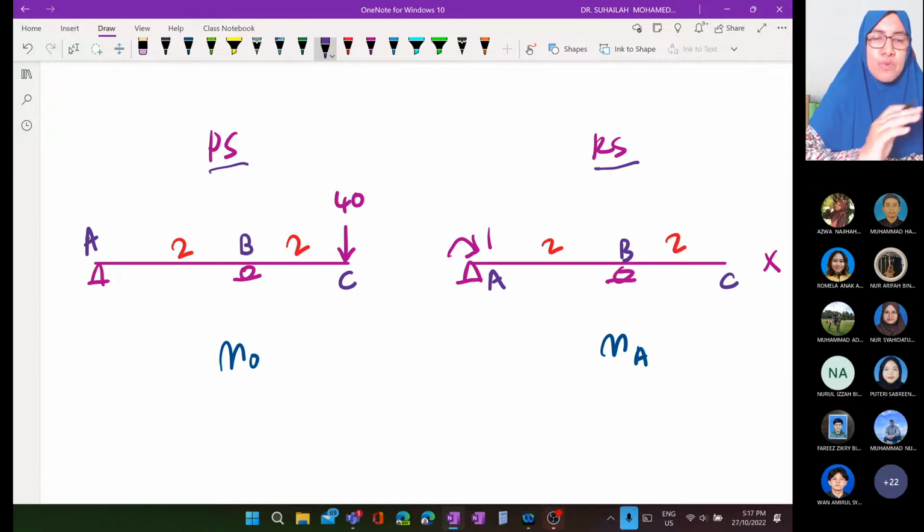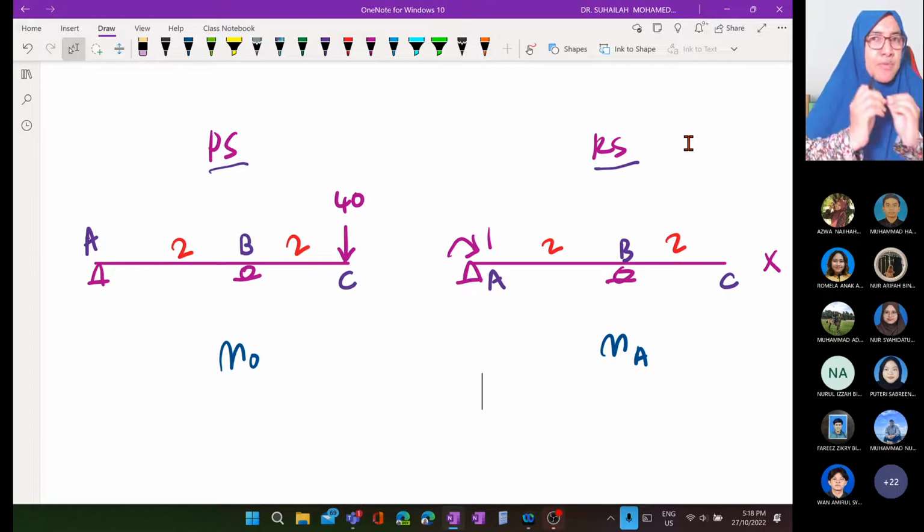Okay, we move to the second one. The second one is the redundant structure. The redundant structure is the same type of beam. You just need to follow the same beam except the loading. The support is the same: there is A, B, C. At A there is a pin, at B remains roller. So it is the same beam.